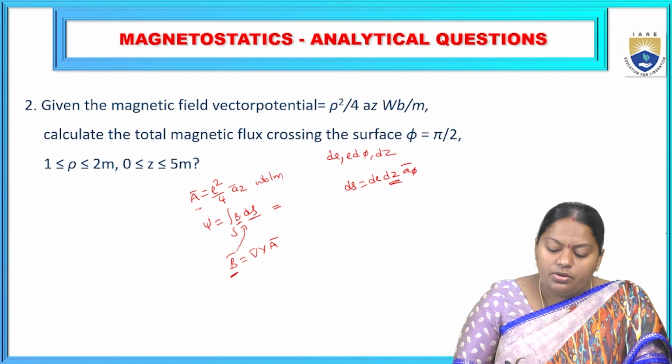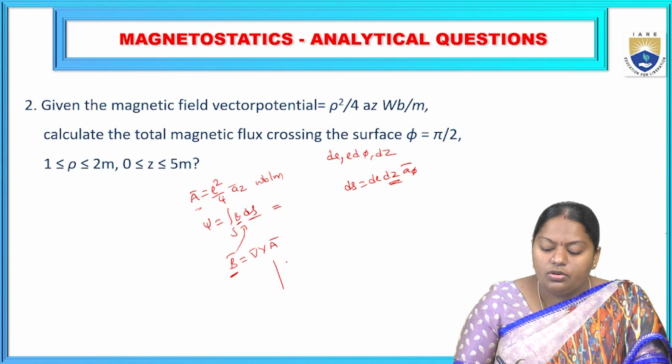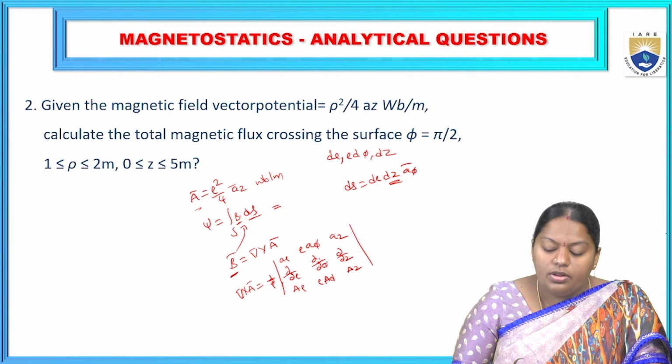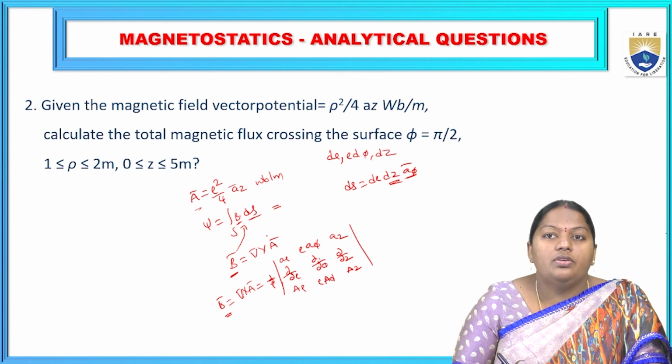To find B equal to del cross A bar, we need to write it in the determinant form: A rho, A phi and A z, then dou by dou rho, dou by dou phi and dou by dou z, with the factor 1 by rho. Now, according to this, we will evaluate the equation for B. Then it should be expressed in vector form, and only the phi component we need to evaluate.